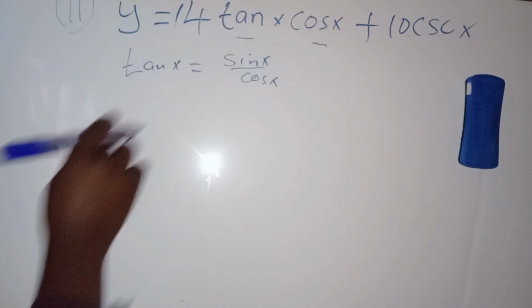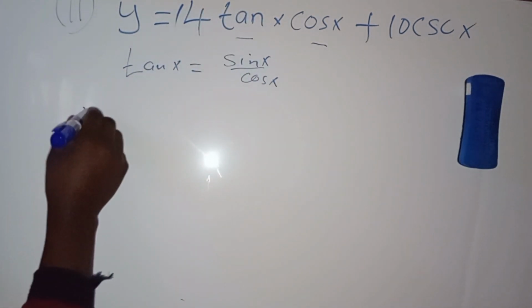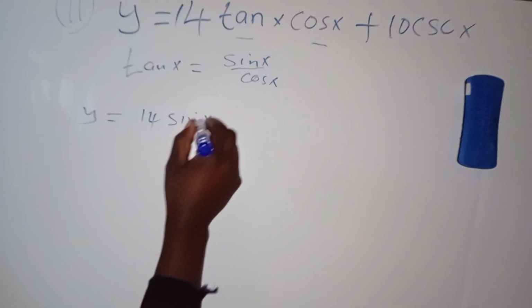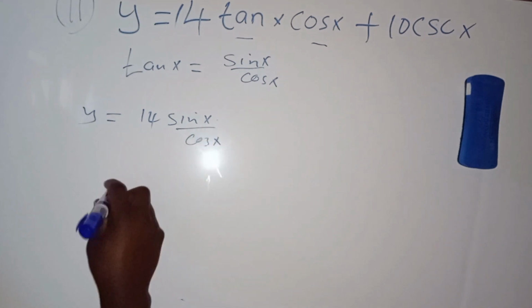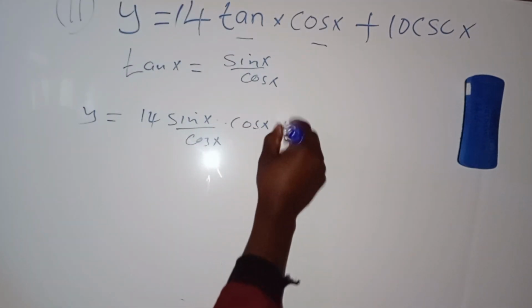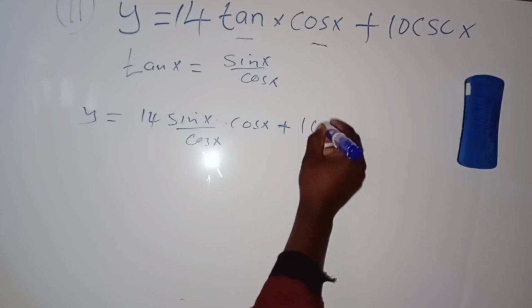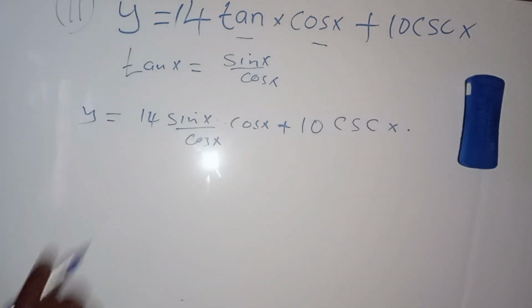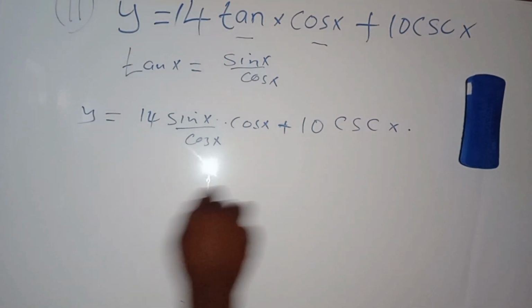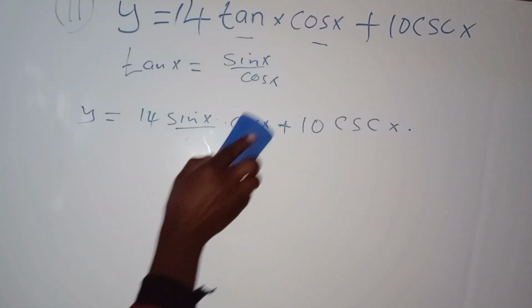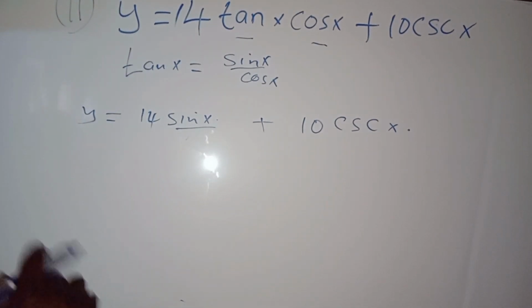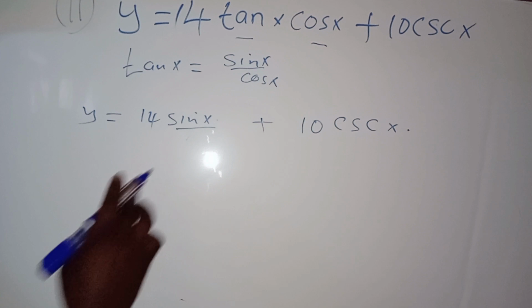If you put it here, you will have y is equals to 14 sin x over cos x multiplied by cos x plus 10 cosec x. Cos and cos cancel. So you have y is equals to 14 sin x plus 10 cosec x. Now you can find the derivative of this.